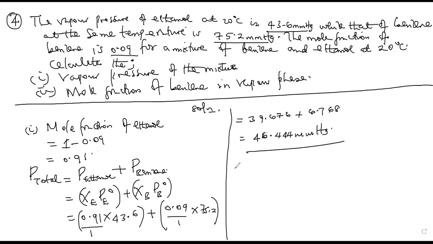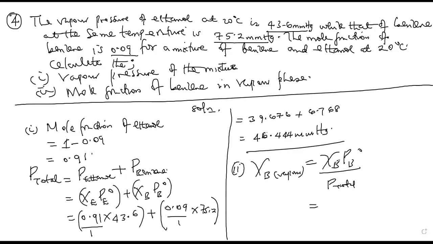Interesting. Then in Roman 2, they want us to find the mole fraction of benzene in vapor phase. It is going to be equal to mole fraction of benzene times its vapor pressure in its pure state out of P total.